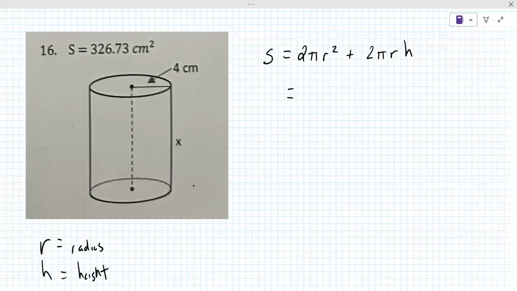Are either of those values given in the equation or in the picture? Do you see either the radius or the height in this picture? Yeah. Okay. What are the given values?